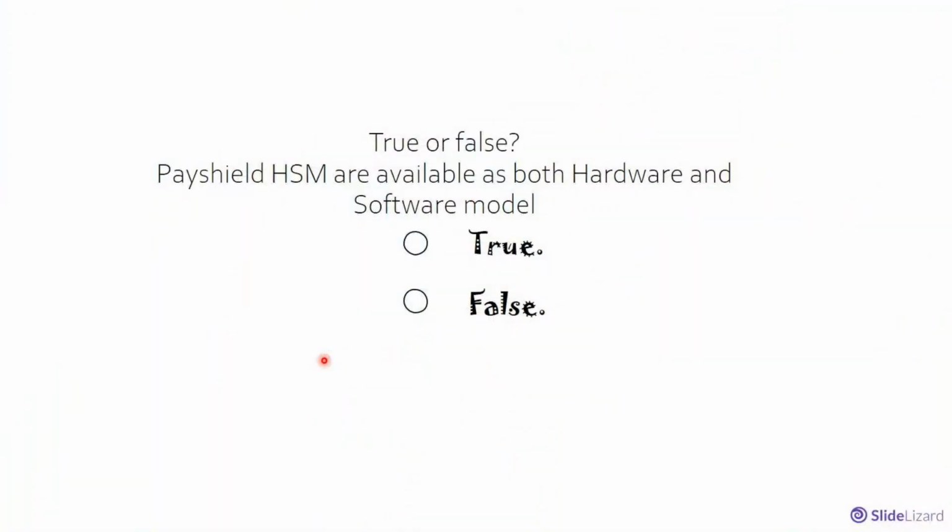So the first question is true or false. Please feel free to answer via chat. You can unmute yourself any way you like to answer. The first question: payShield HSMs are available as both hardware and software models. Is this true or false?